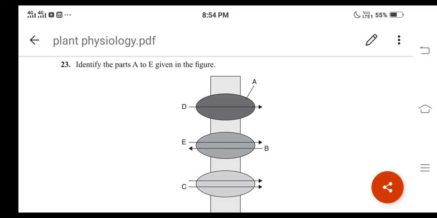Okay, the diagram based questions normally they used to ask previously in the AIPMT examination. Okay, but right now, since 2 to 3 years, they are not asking diagram based questions in NEET examination.